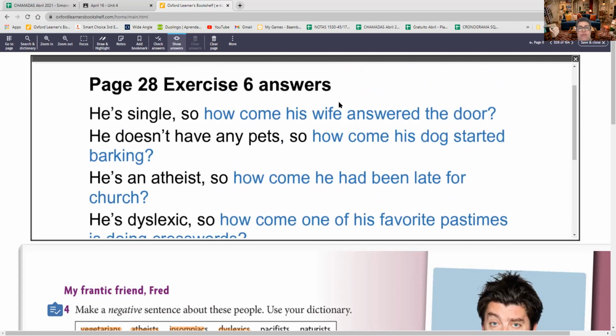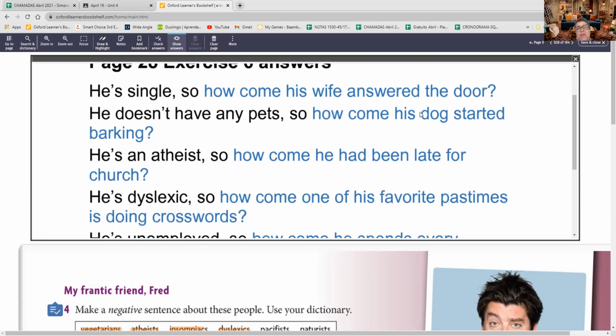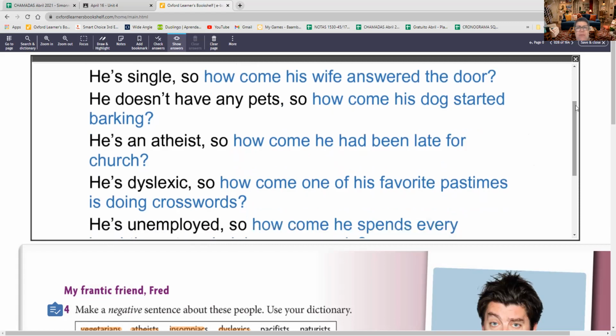But after how come, we have the sequence subject, verb, and complement. Here the same, look. How come his dog started barking? So this is a statement form, okay? Or affirmative form, if I can say that way. How come he had been late? Again, affirmative, okay, statement.